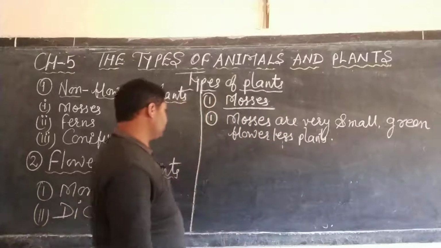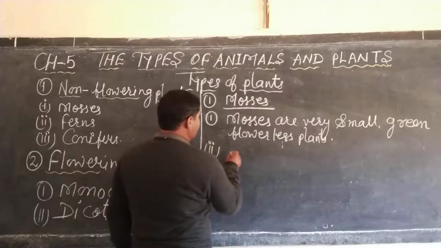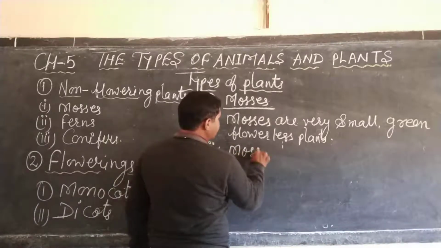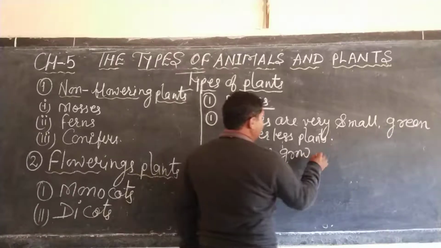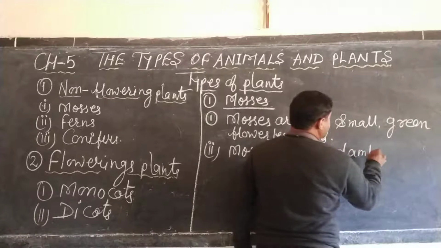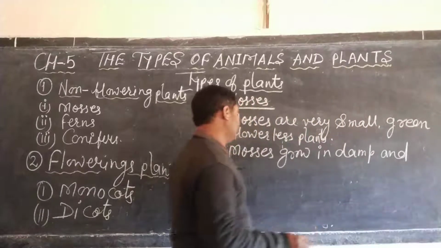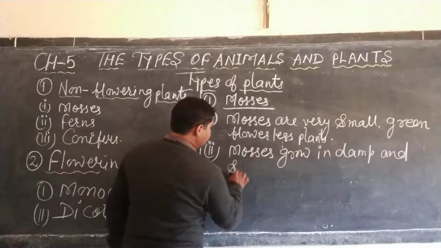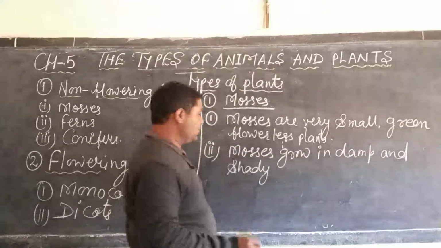Second, mosses grow in damp and shady areas or places.